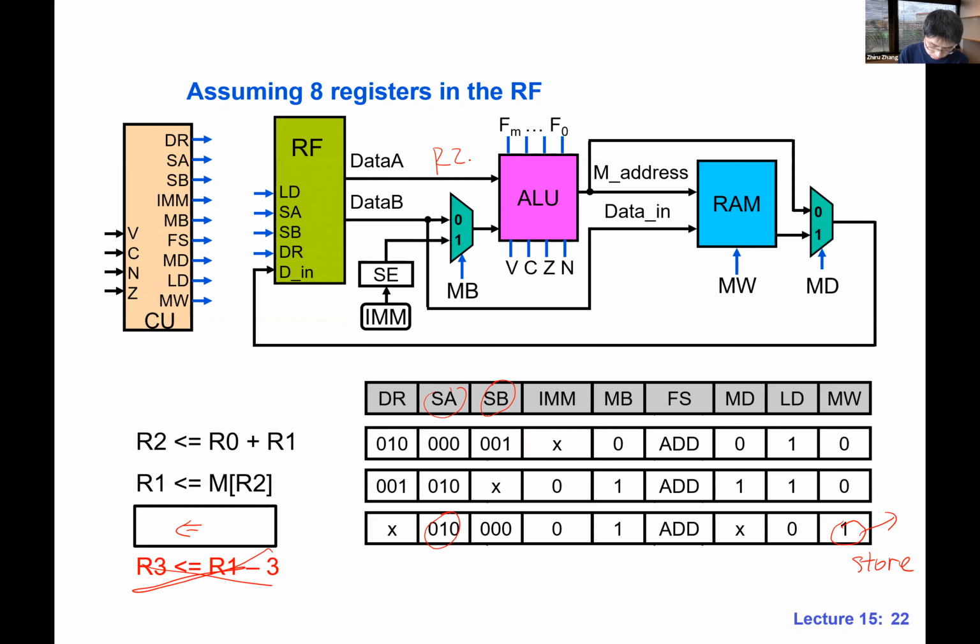So this is R2. Sorry, I wrote it the opposite way. And we want data B to be R0. This is the complete instruction.